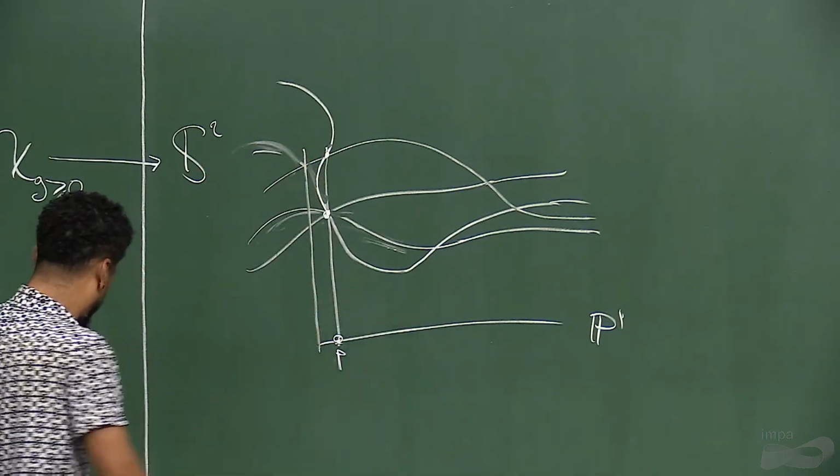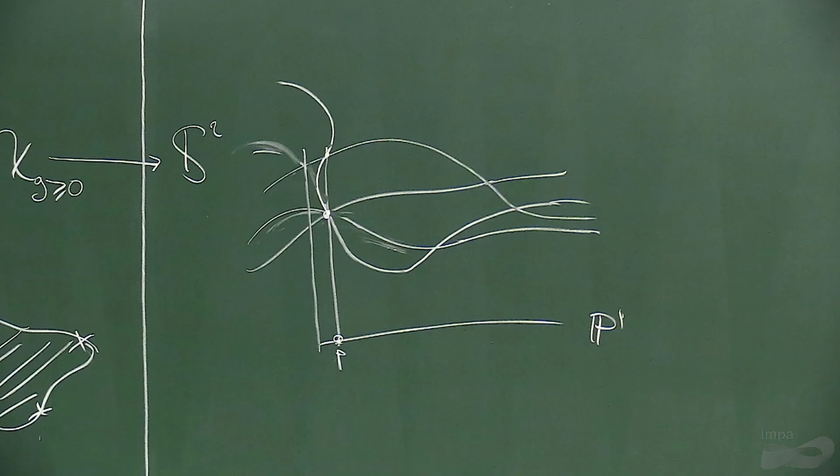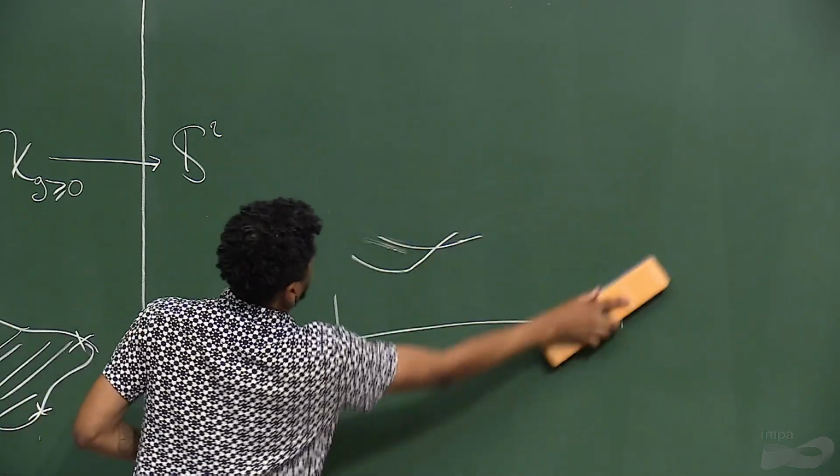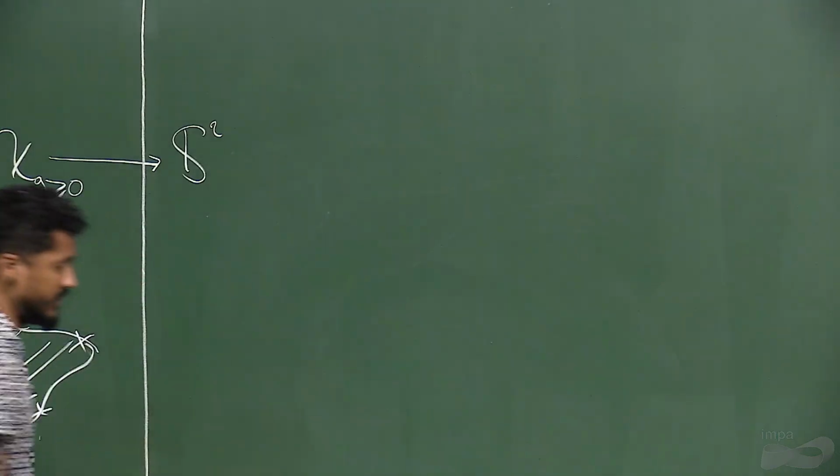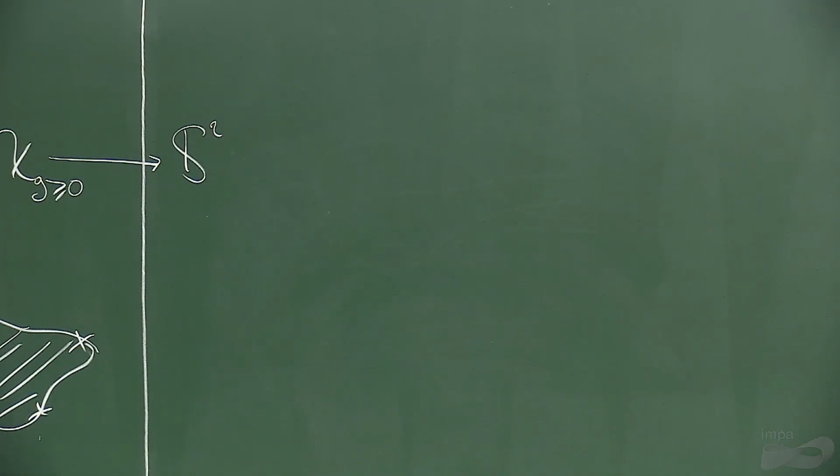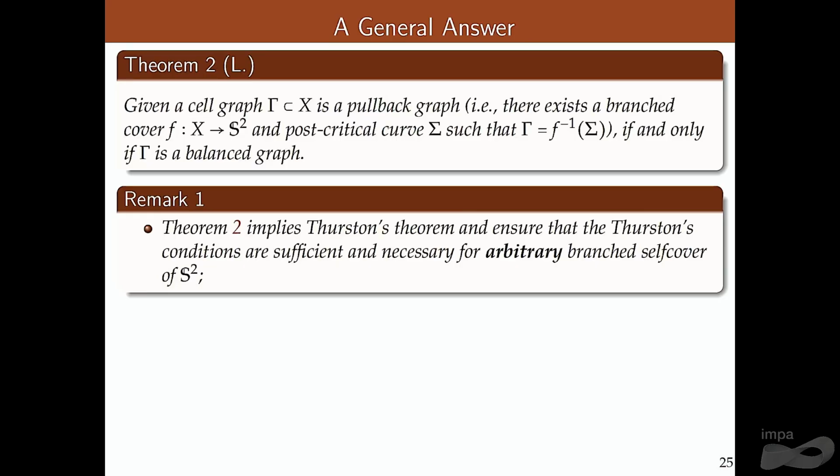So any possible branched cover from this sphere to this sphere is covered by the theorem.